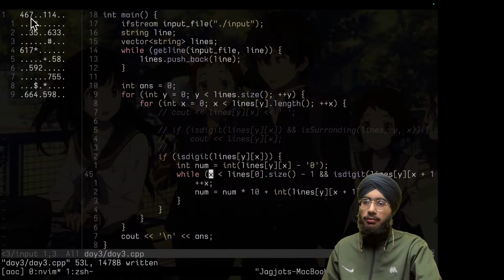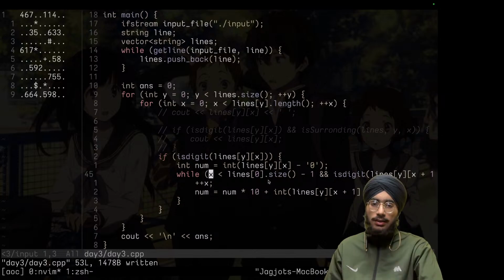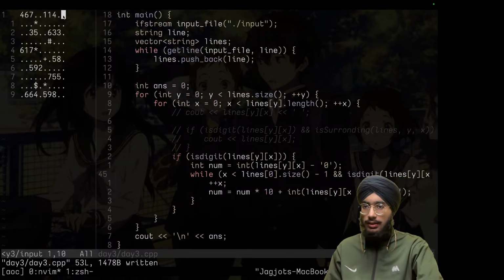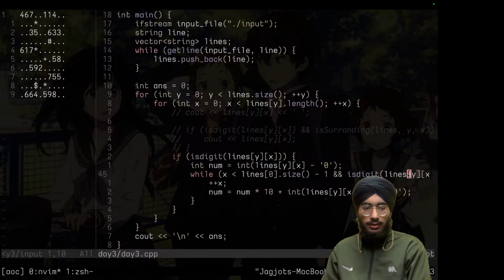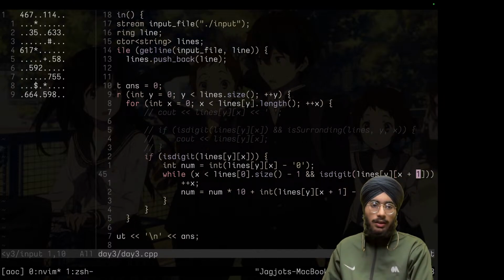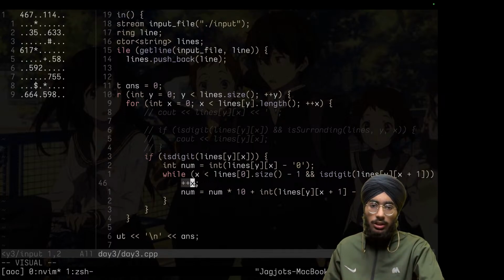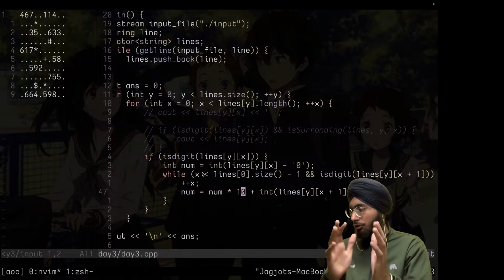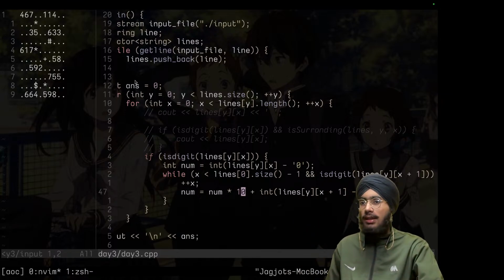And x is the pointer which goes from here to here, line by line like this, and while x is less than the index, and is digit, and lines x plus 1 is digit, then x plus plus, we're gonna increment x, and multiply the number by 10 to shift it up to a higher place, and then add this current number.